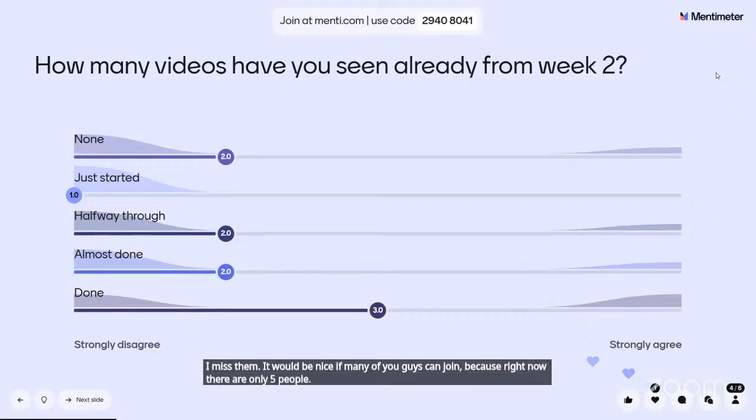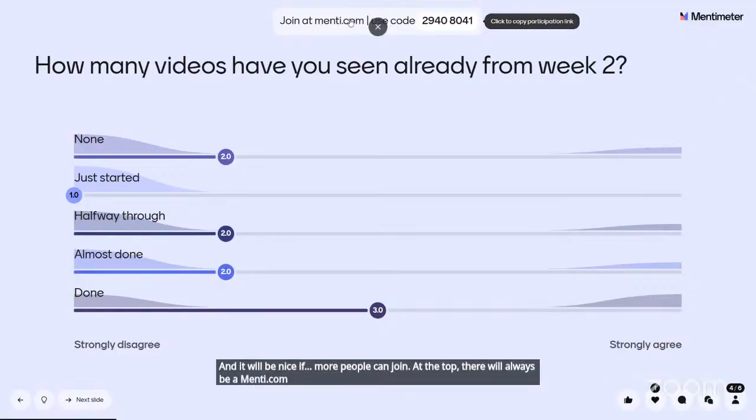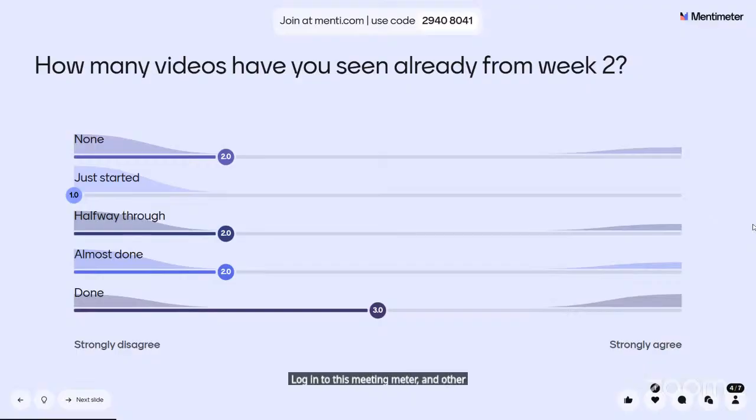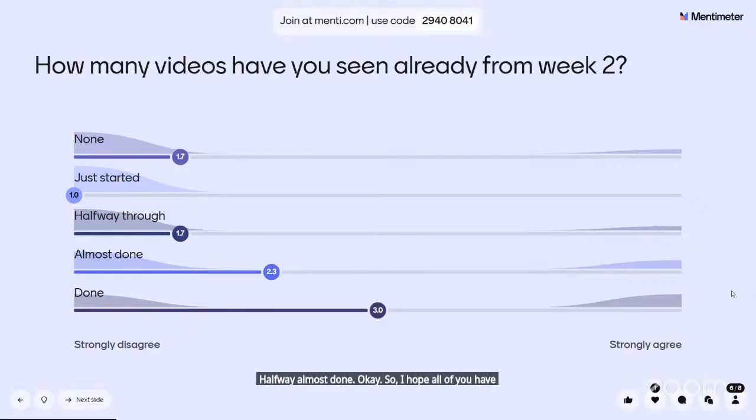At the top, there will always be a menti.com. Just go to menti.com and write this code, and you can log into this Mentimeter. And otherwise, in most of my slides, I have a QR on the left side. You can scan it and come. Okay, none, halfway, almost done. Done. Okay. So I hope all of you have done week one at least.